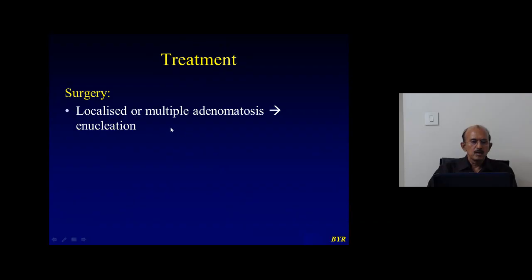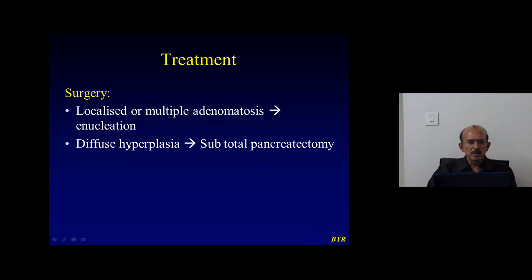Treatment: localized or multiple adenomatosis, enucleation of those adenomas. If there is diffuse hyperplasia, we have to do subtotal pancreatectomy. In case of carcinoma, we have to do total pancreatectomy.